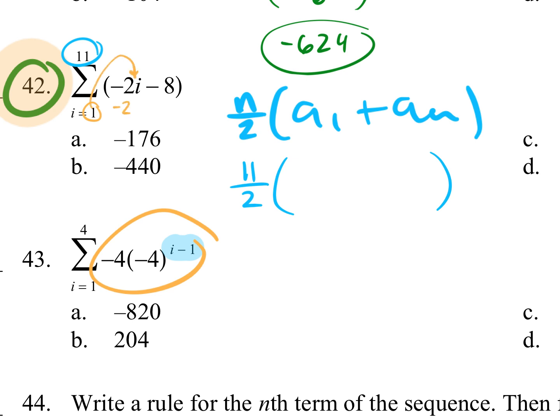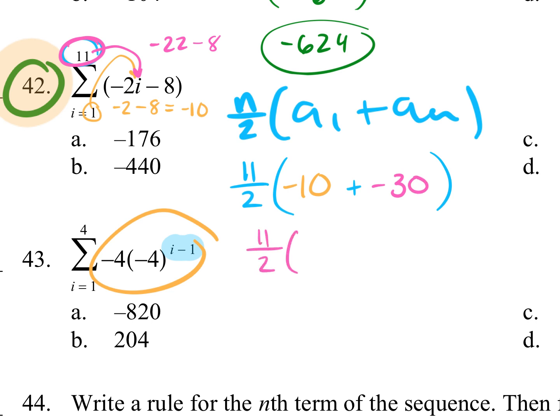So negative 2 minus 8 would be negative 10. Plus a sub n, we take the number on top and plug it in. So this would be negative 22 minus 8, which would be negative 30. So 11 over 2 times negative 40, because we have to do the parentheses first.